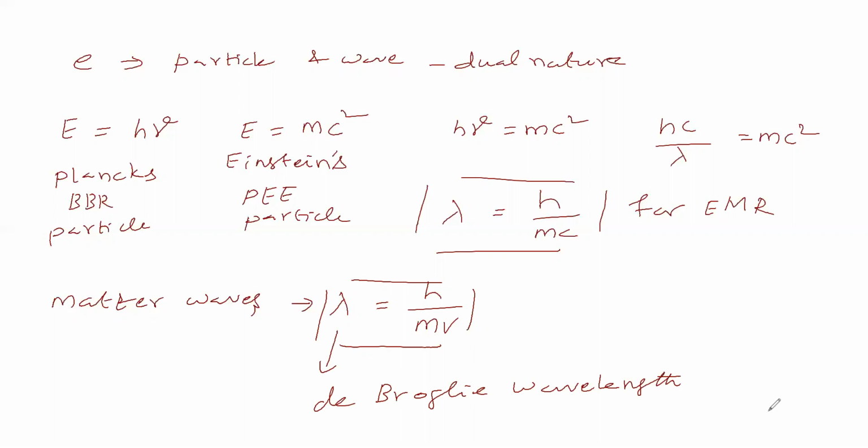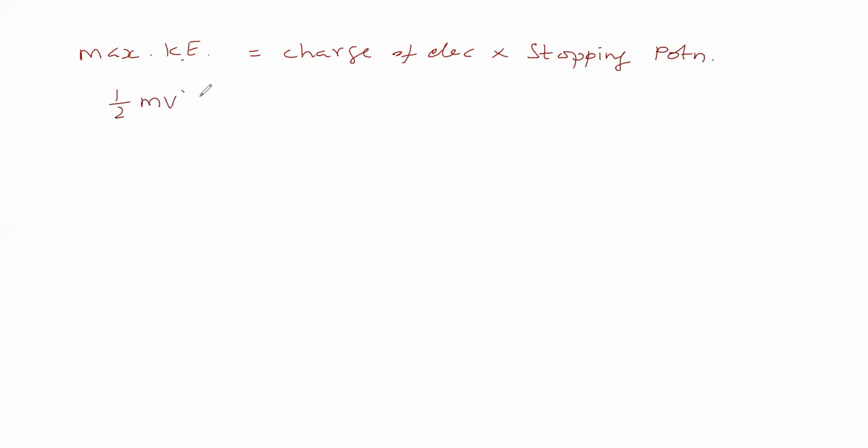We discussed de Broglie's wavelength. Next, in the photoelectric effect, we discussed one point: maximum kinetic energy of ejected electron is equal to charge of electron into stopping potential. Stopping potential is the potential required to stop the photoelectric effect. So the maximum kinetic energy formula is half mv square.